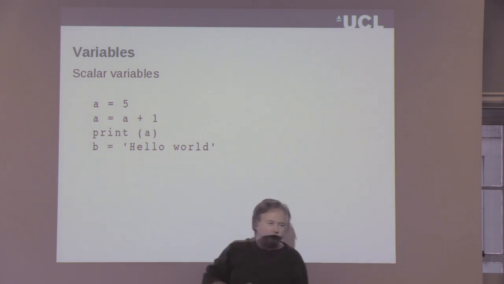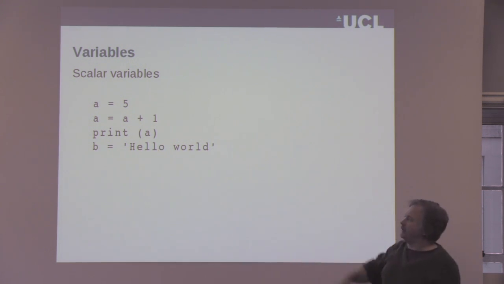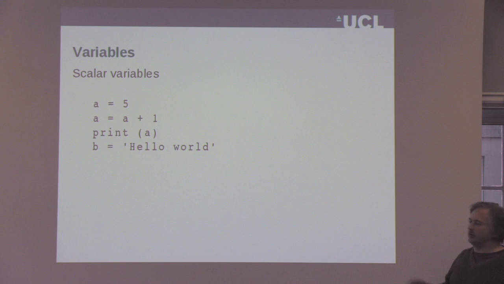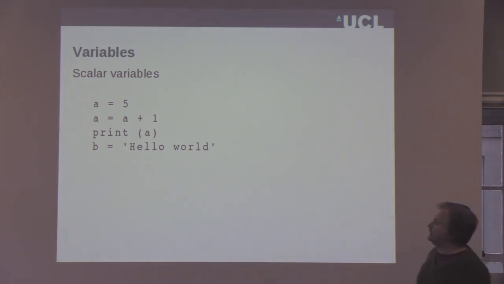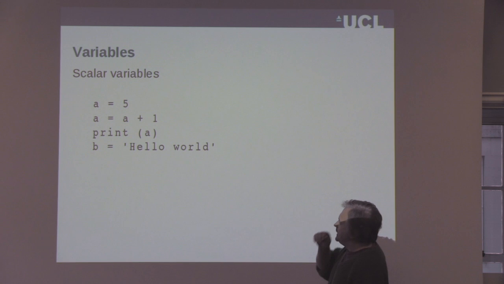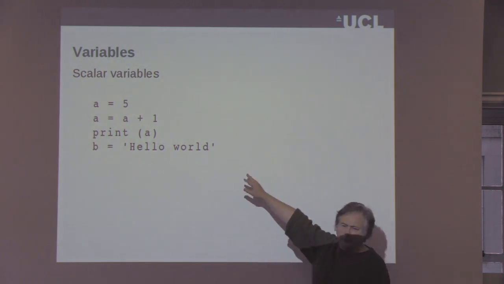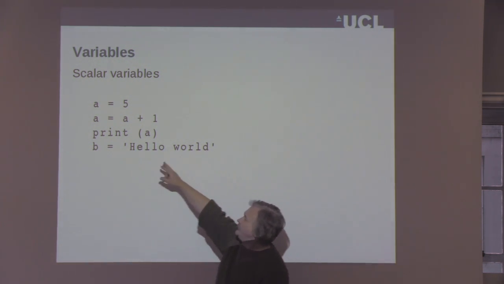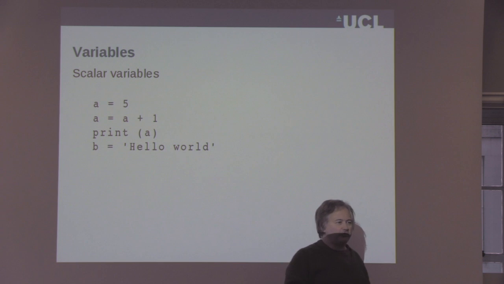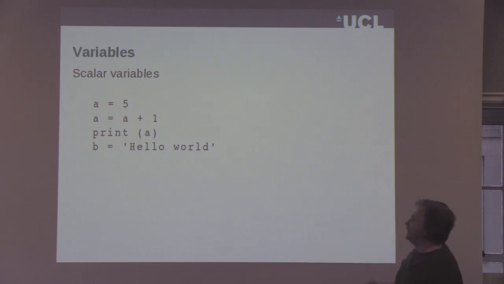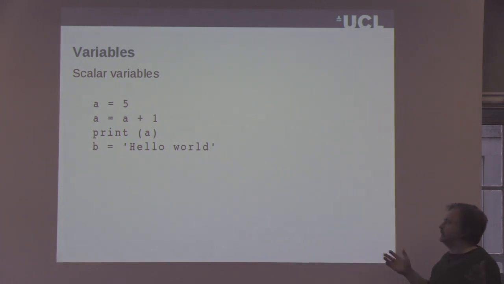We're saying print A. So if we executed those 3 steps, obviously it would print the answer of 6. So we set A to 5, added 1, and printed it. Scalar variables can also be used to store strings of text. So in this case, we're setting B to hello world. So if we did print B, then it would say hello world.